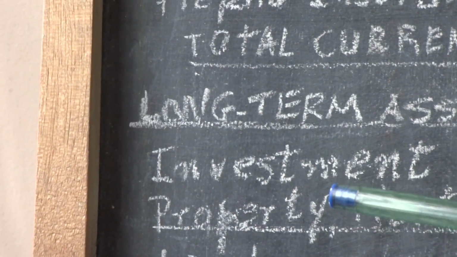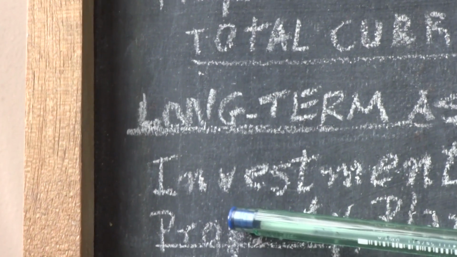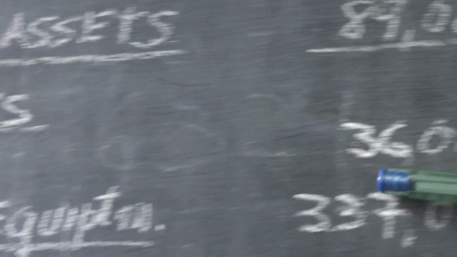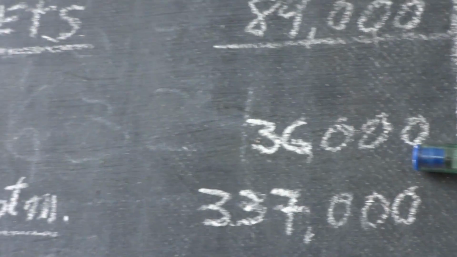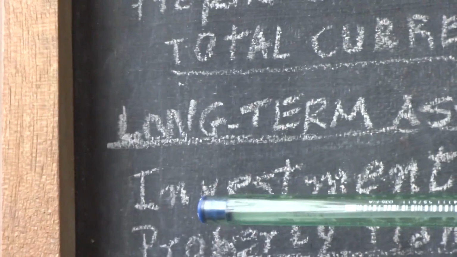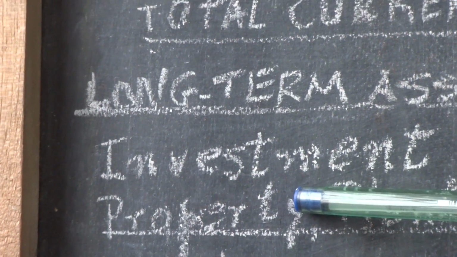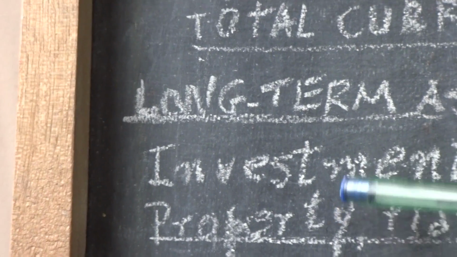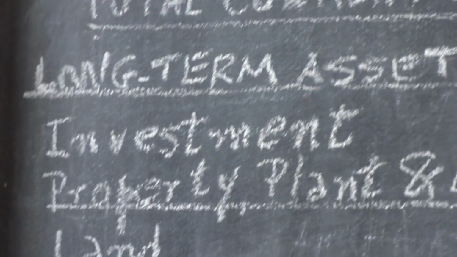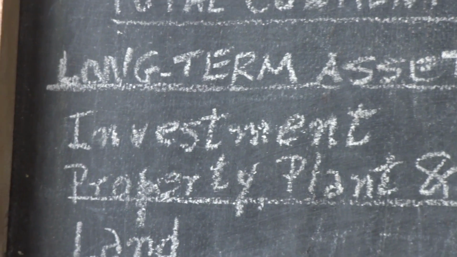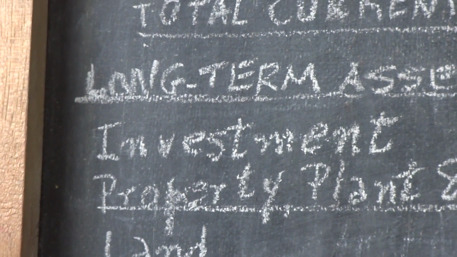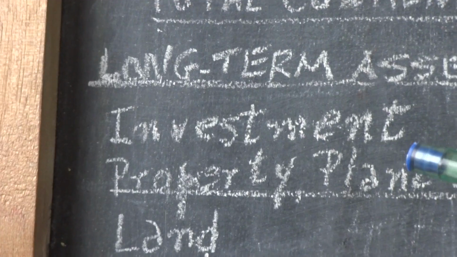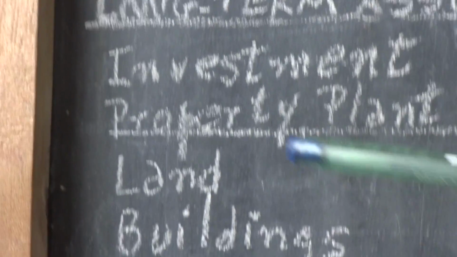Inside these we have investment by $36,000. These are the stocks that Bright Corporation has bought in other companies, whose capital will be collected in more than 1 year.